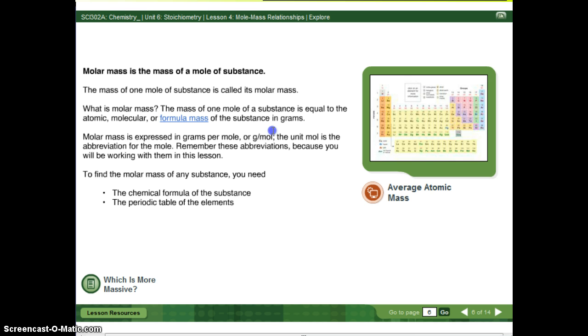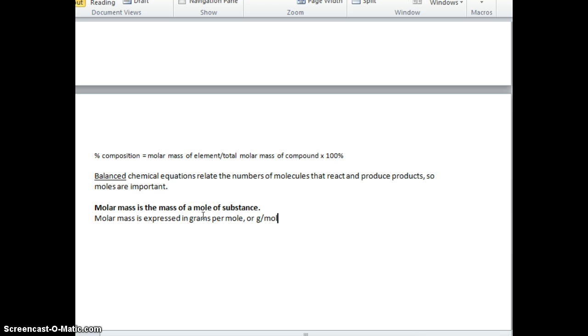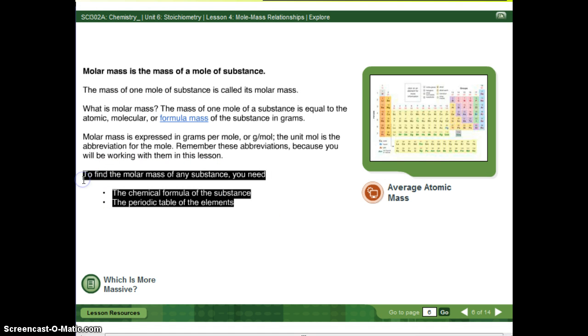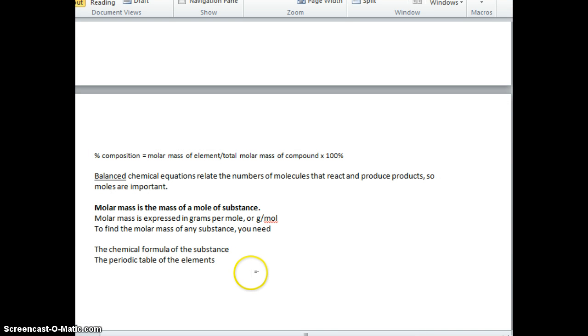Having them down again will be helpful. So please make sure that you are taking additional notes or the same notes, whatever you find will be helpful. To find the molar mass of a substance, you need the chemical formula of the substance and the periodic table. That's it.